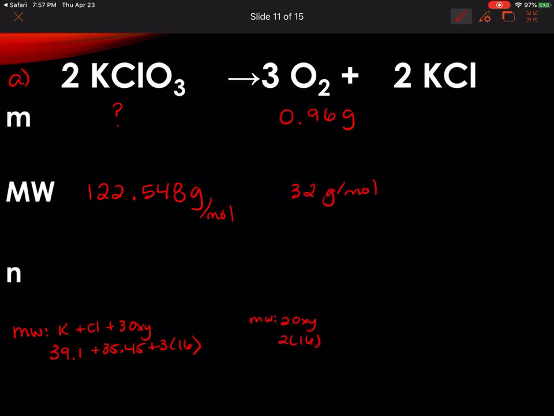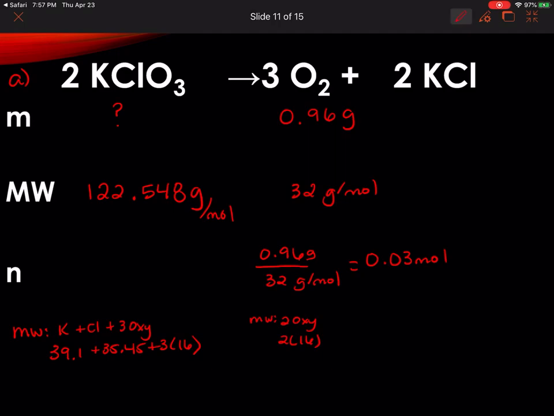So now over here, it's going to be 2 oxygen, which is 32. So we can easily find the moles. When you do this, you can decide, again, how many decimal places you want to keep.